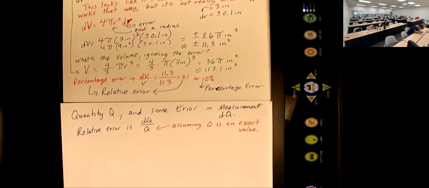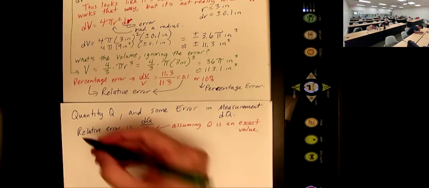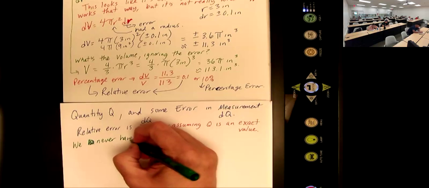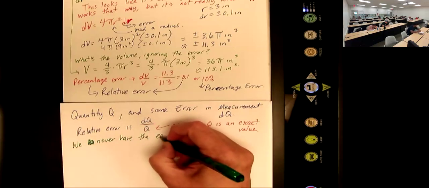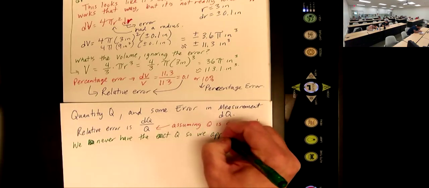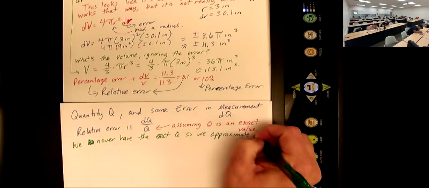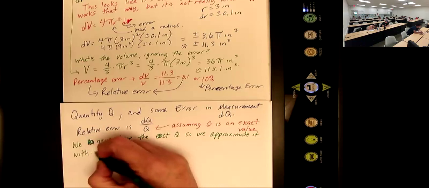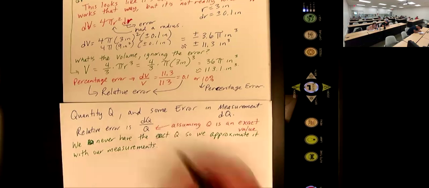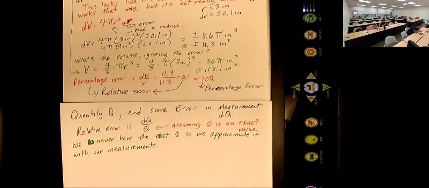But it isn't. We never have the exact Q, so we approximated with our measurements, just as we did here. I didn't have the exact volume of the balloon, but I approximated using the 3 inches that I had.